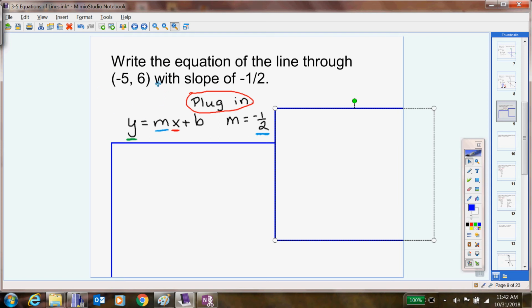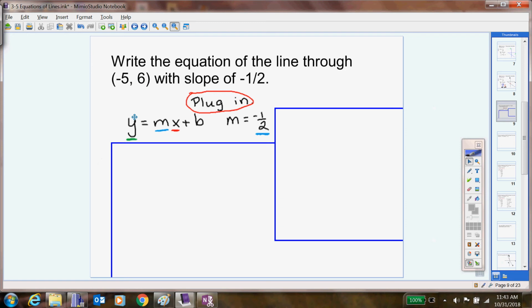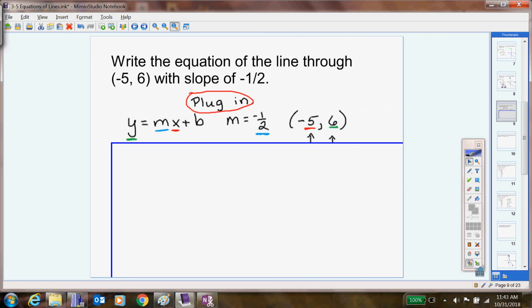It comes from the point that we've given. So when you have an ordered pair, what order did they go in? Which one comes first? The x. Good, the x and then the y. So we've got, here's our x, and here's our y, and it goes right in to our equation.